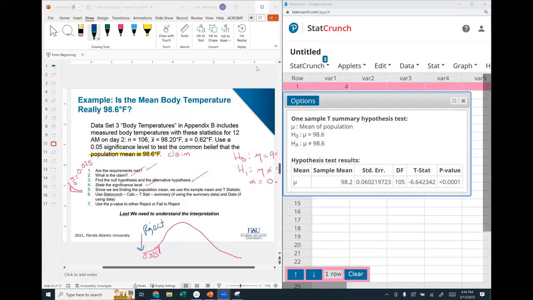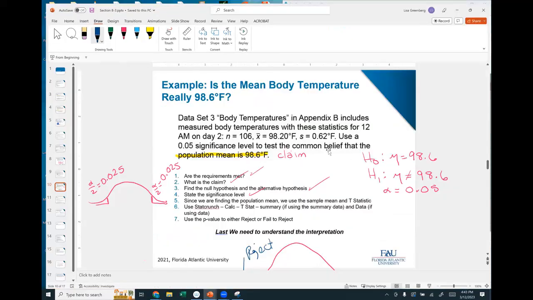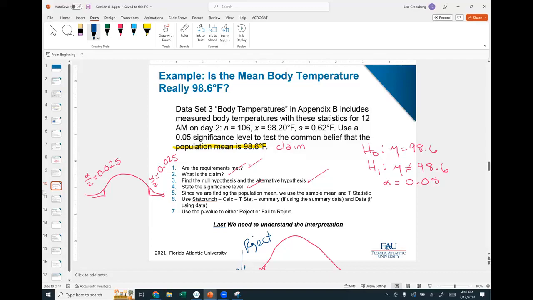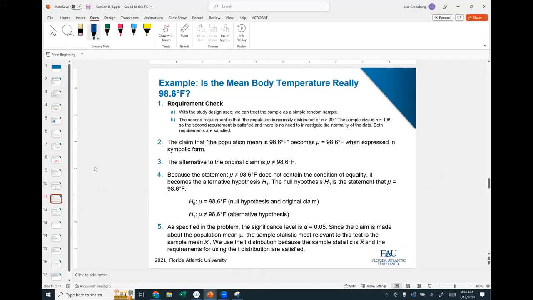All right, so we can reject the null hypothesis, which means that the mean is not equal to 98.6. So again, let's go through the example. It says requirement check. With the study design used, we can treat the sample as a simple random sample.